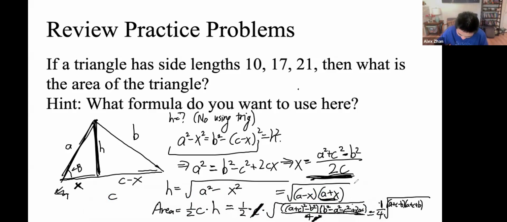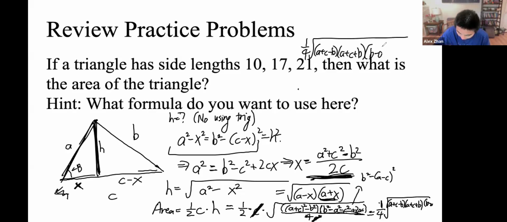Because this thing is actually b squared minus a minus c squared. So thus it's b minus a plus c times b plus a minus c. I'll just move it up here to write. So 1/4 a plus c minus b, a plus c plus b, b minus a plus c, and b plus a minus c.